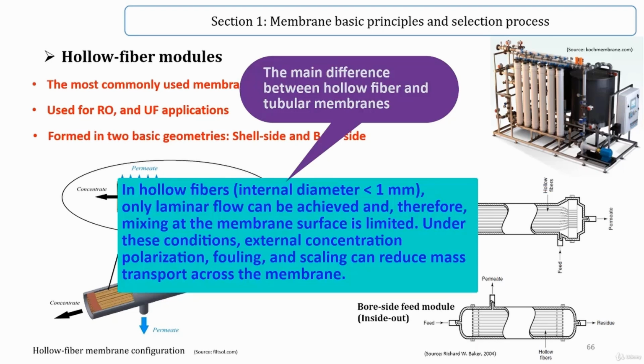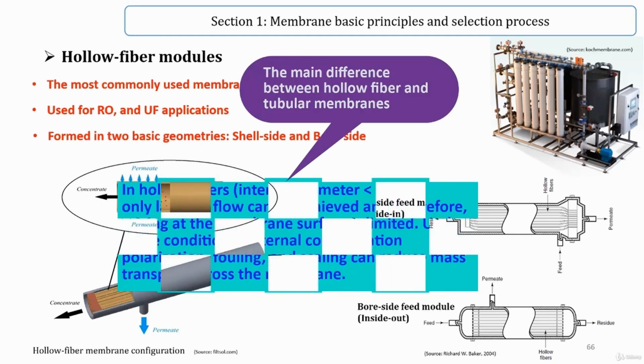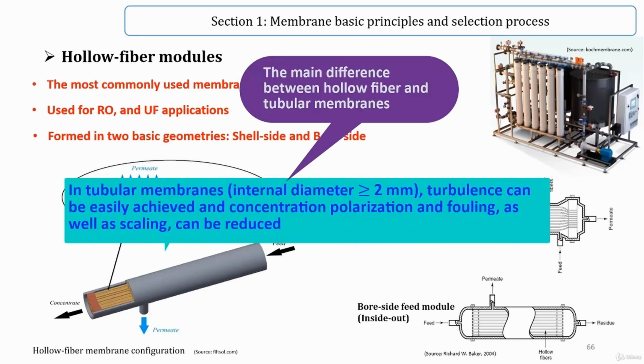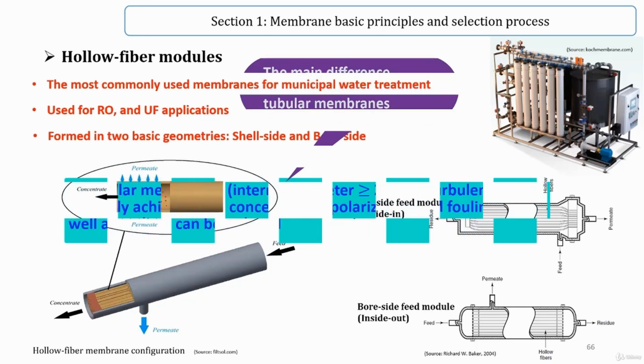Under these conditions, external concentration polarization, fouling, and scaling can reduce mass transport across the membrane. In tubular membranes, where the internal diameter is larger than 2 millimeters, turbulence can be easily achieved and concentration polarization, fouling, as well as scaling can be reduced.